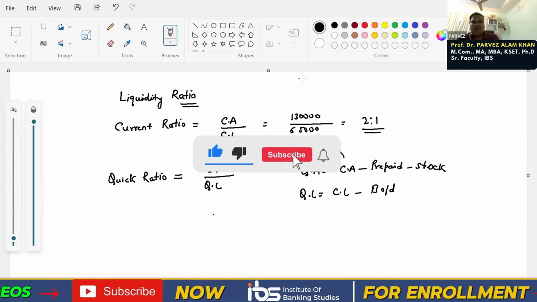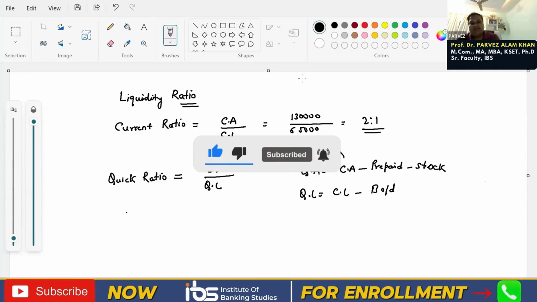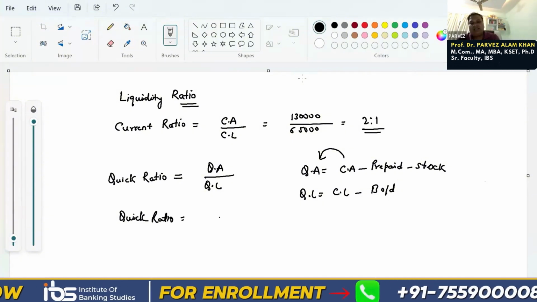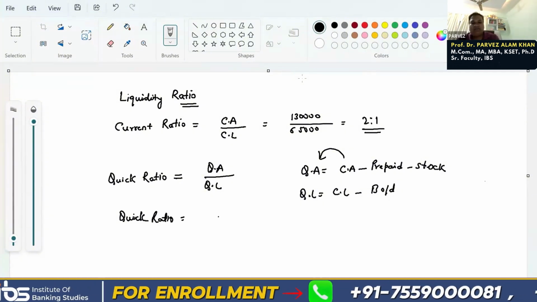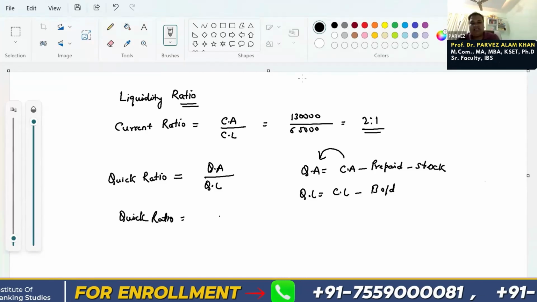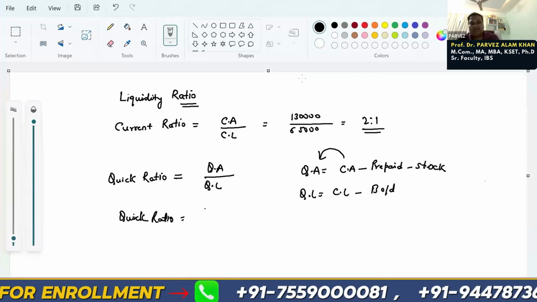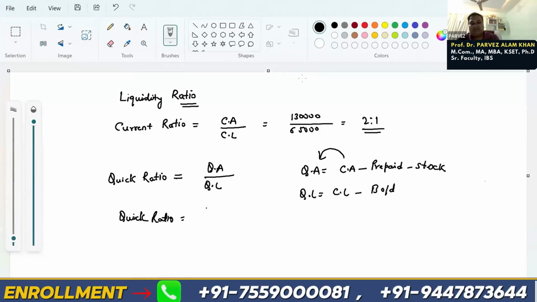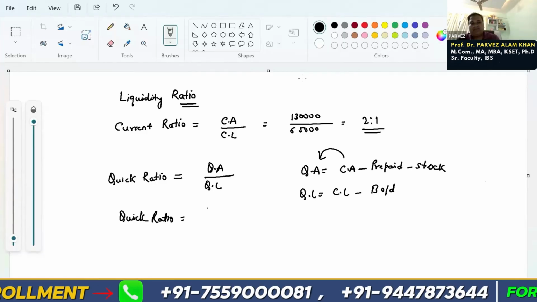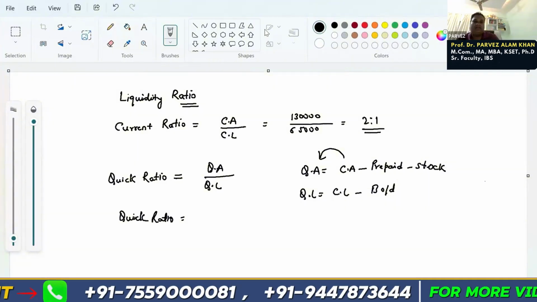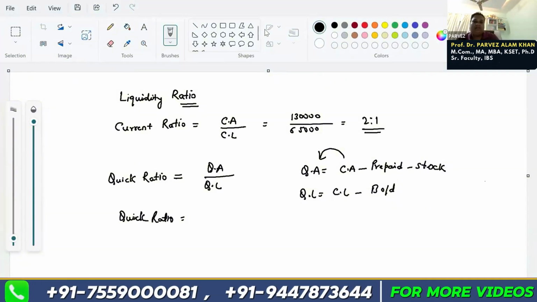Okay. So here we will calculate the quick ratio. Calculate quick asset. Quick asset means what all will we take? Investment plus debtors plus cash. How much will it come? 79,000.